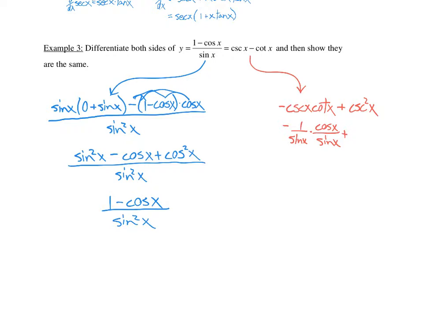And then cosecant squared is? 1 over sine squared x. Alright. So notice this first one I can write as a negative cosine over sine squared plus a 1 over sine squared. And what do you know? It comes out to 1 minus cosine over sine squared. Okay? Not too bad.